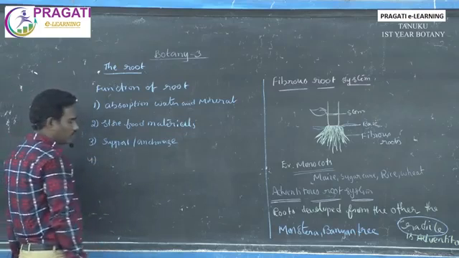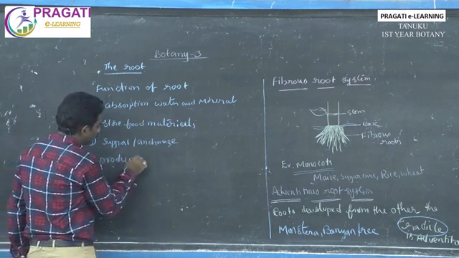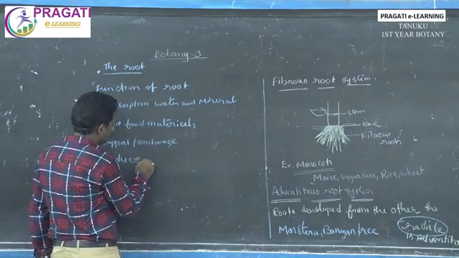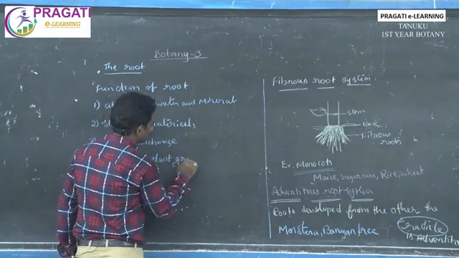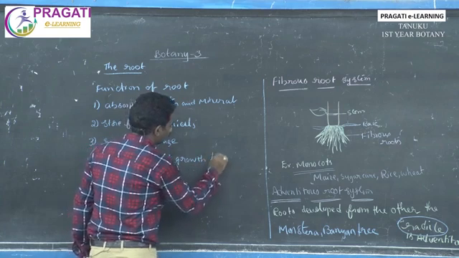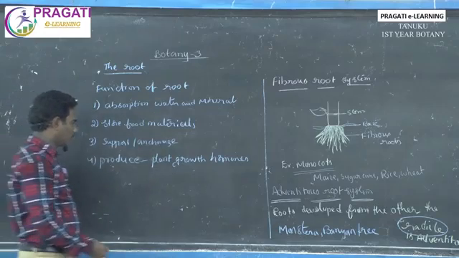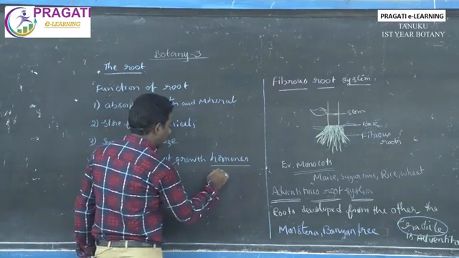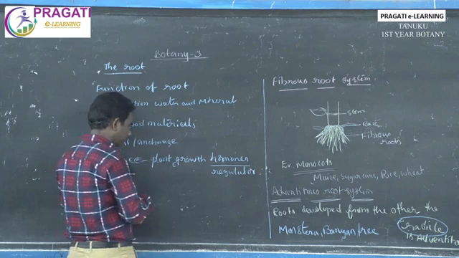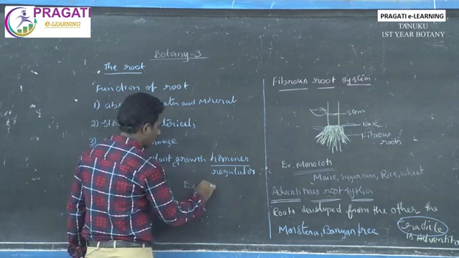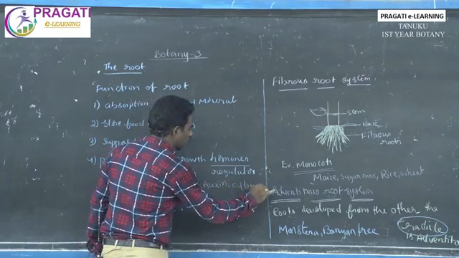And produce plant growth hormones or plant growth regulators, for example auxins and cytokinins.